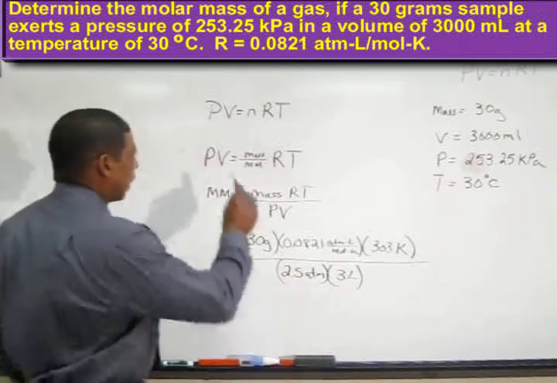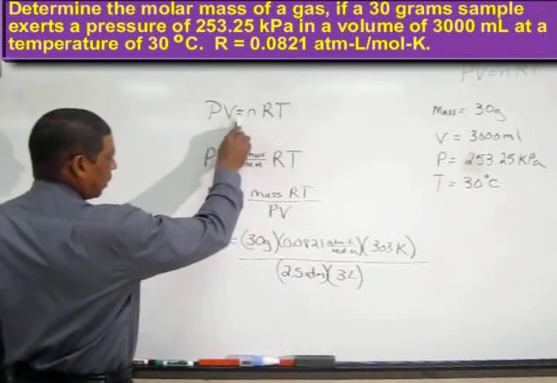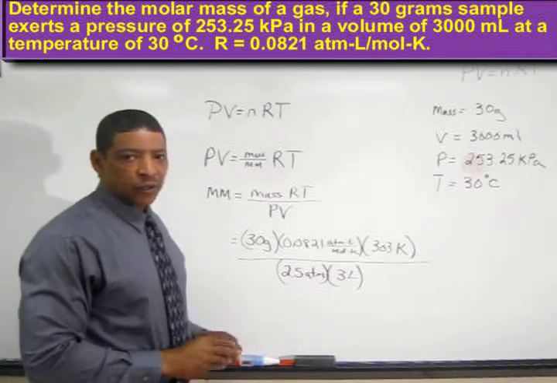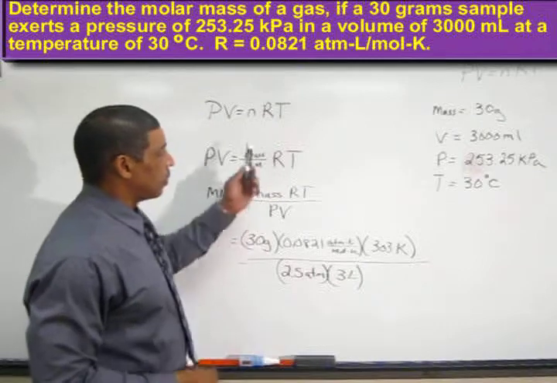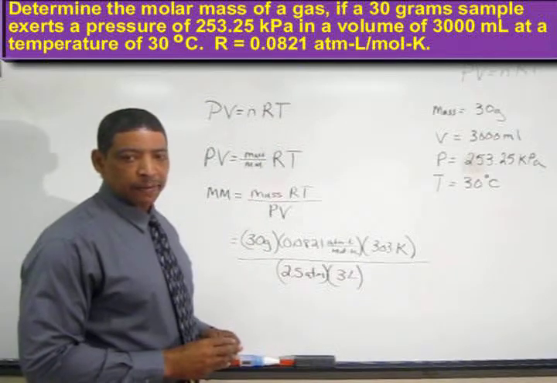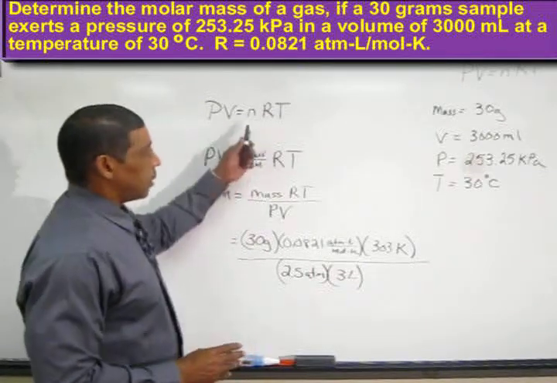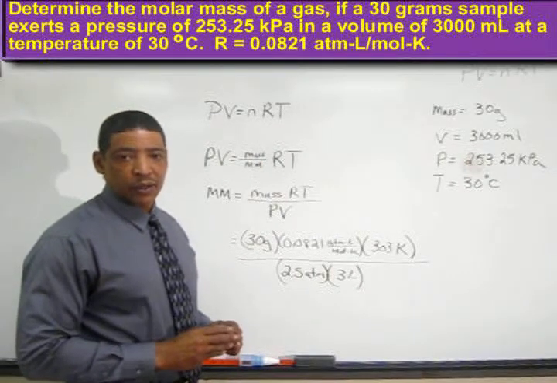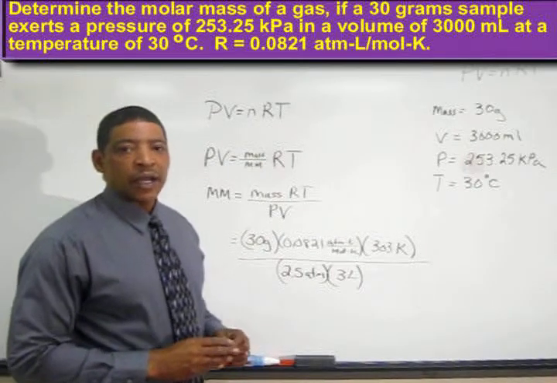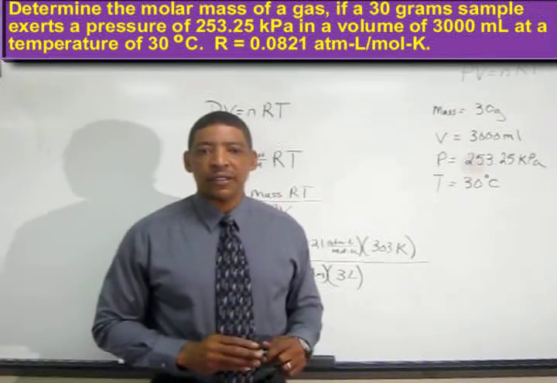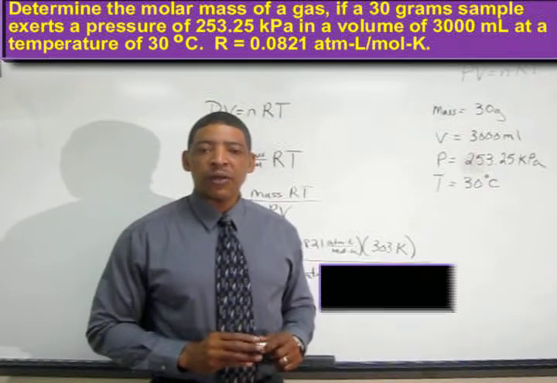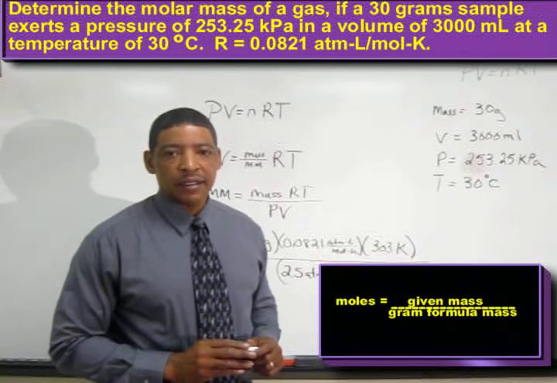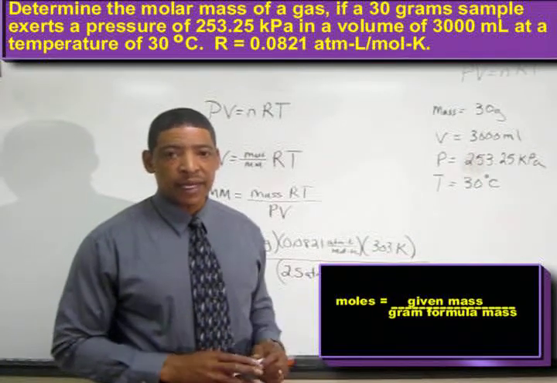Writing the ideal gas law, PV equals nRT, reveals that within the formula, a variable for moles is found. n represents the moles of a substance, in this case the moles of a gas, where the mole calculation indicates that the moles are equal to the given mass divided by the gram formula mass, or molar mass.